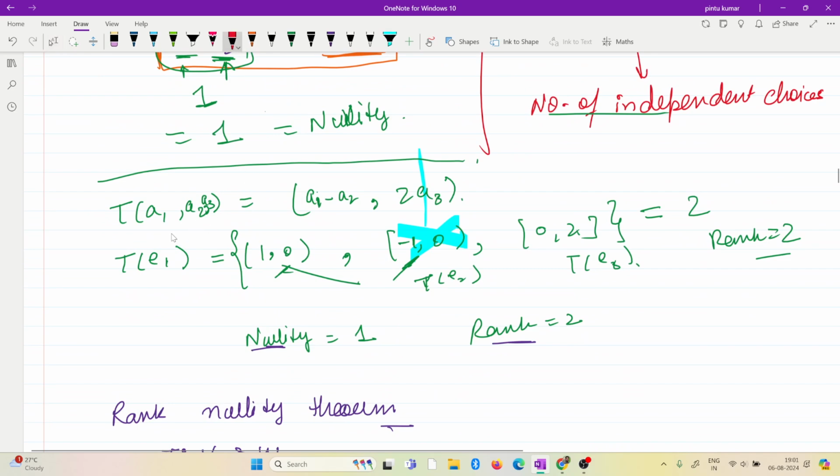What you do is you take the mappings of your basis elements, and I obtained this set. I have to see how many independent vectors I have in this map. The first one and the third one are independent. For the second one, if you multiply the first one by minus 1, you obtain the second one, so I have ruled out the second one. That's why my rank came out to be 2.